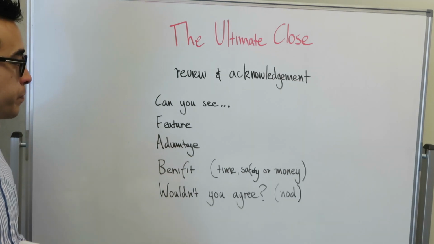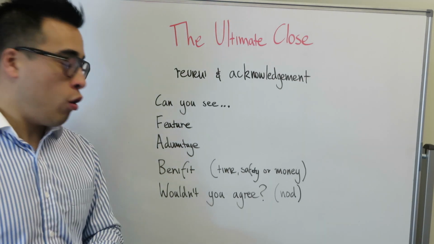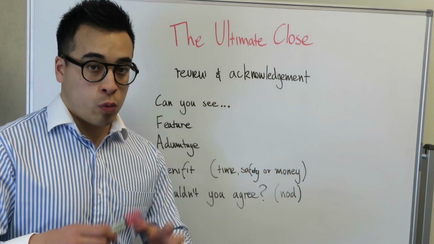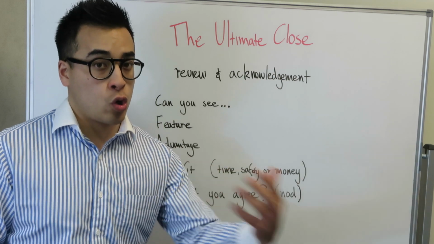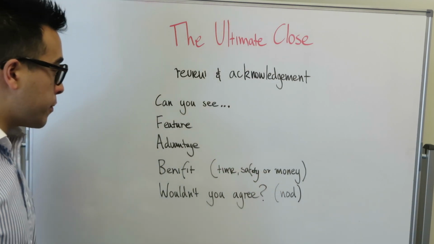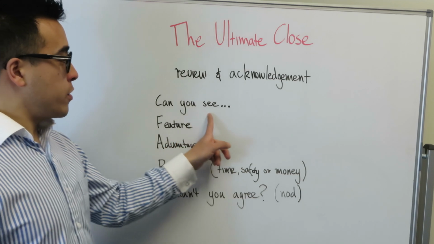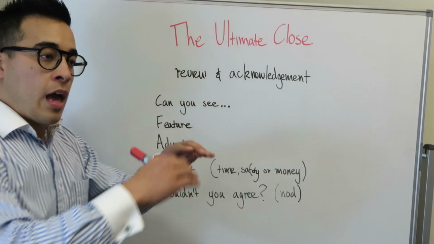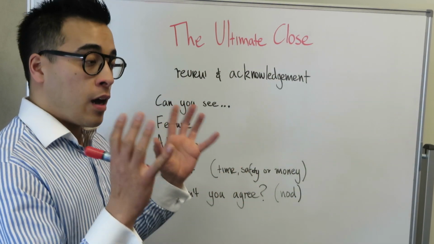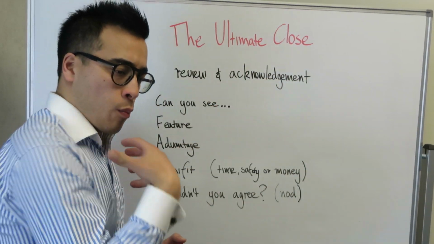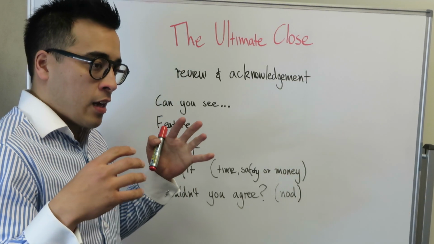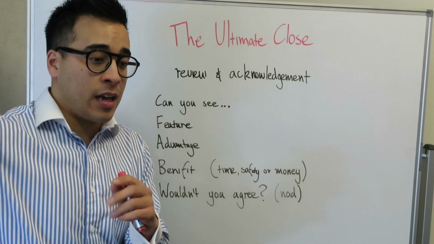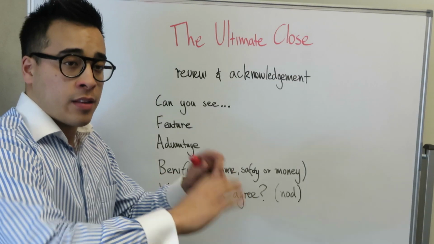So I'll show you how I use it. Let's use an example of a photo board, a board with property photos on it as opposed to a normal for sale board. Can you see, Mr. Vendor, that the feature is the photo board. It will have more photos on it, people can have a look at it, and it does more of a sell to buyers. If people are looking on the internet or the newspaper and don't want to call us because it's a Sunday or it's late in the day, they drive past and look at the board.